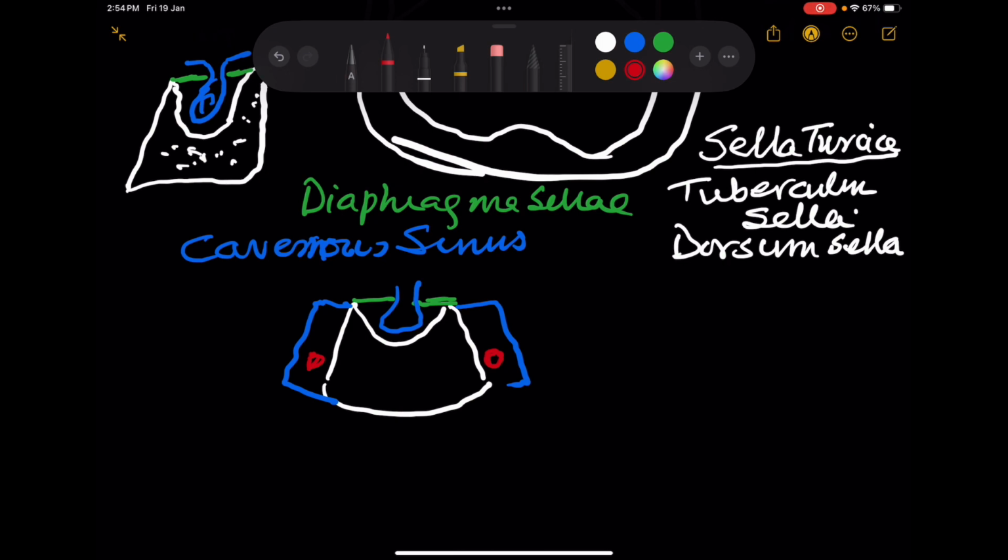If we look at the side of the sphenoid, there is a foramen lacerum here, and this is the posterior clinoid process, and you are seeing the sella turcica, the tuberculum sellae, and the dorsum sellae. And here we are seeing the cavernous sinus.